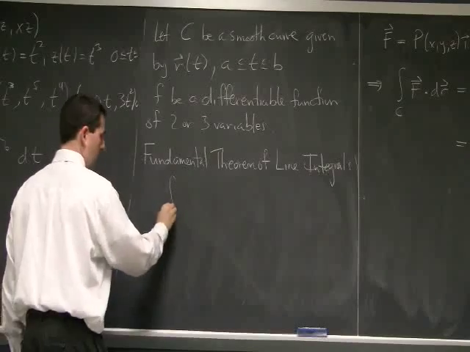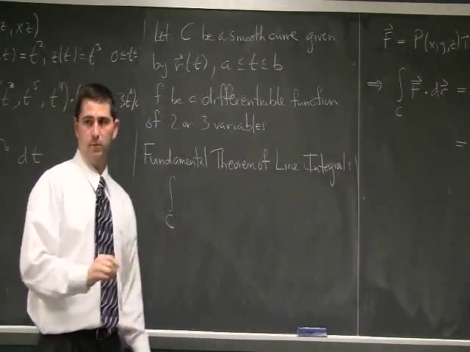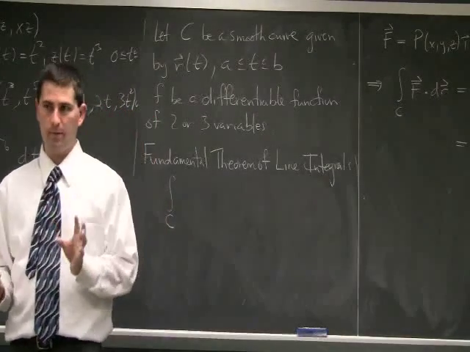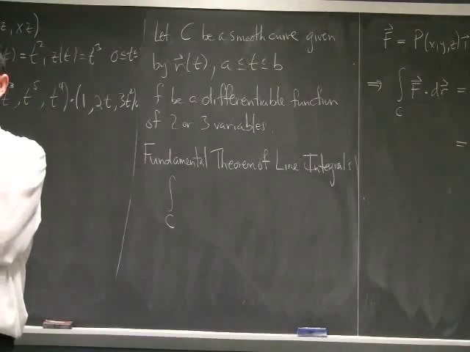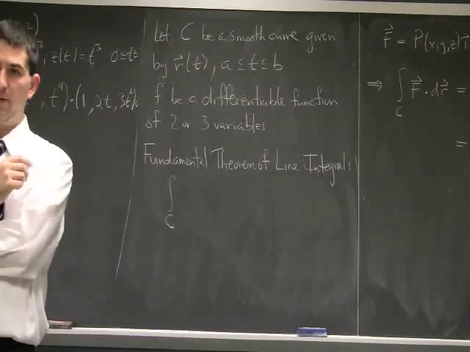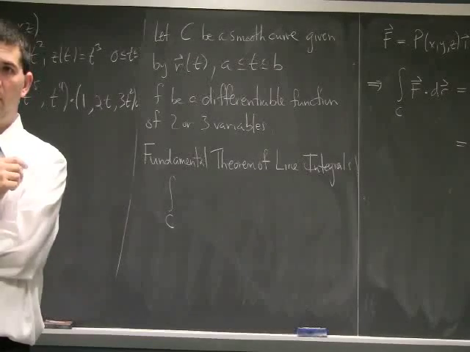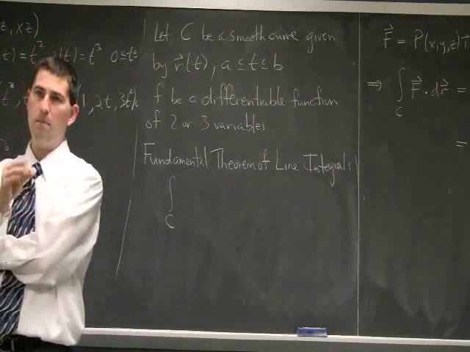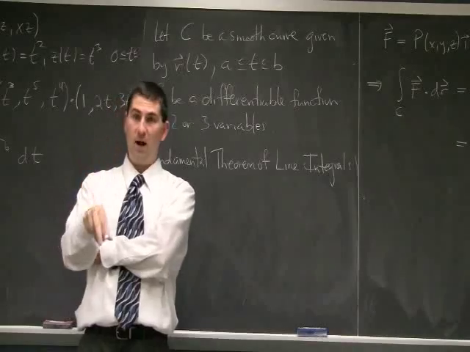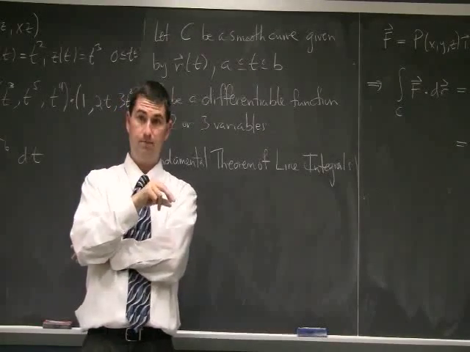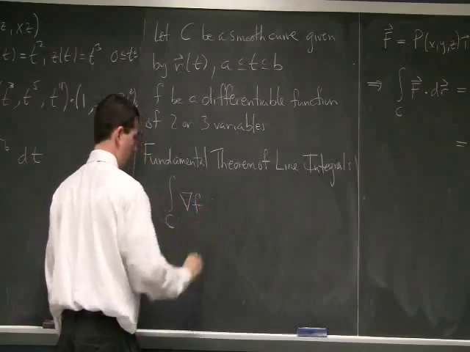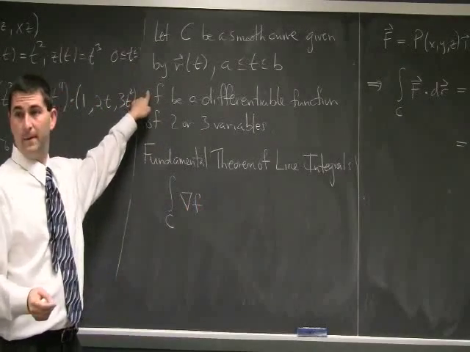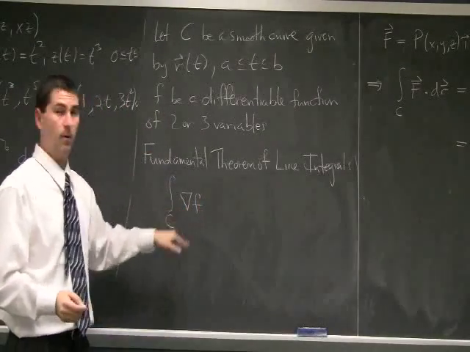Let's say you want to integrate over a smooth curve, and we want to integrate a vector field over it. And we're talking about a conservative vector field. So a conservative vector field, recall, means it comes as the gradient of some scalar function. So it looks like this, for our f. So remember, this is the gradient of f.